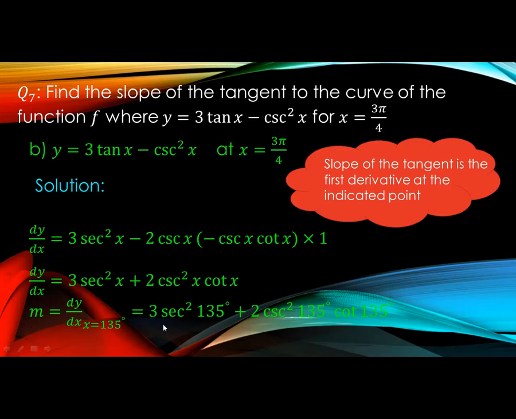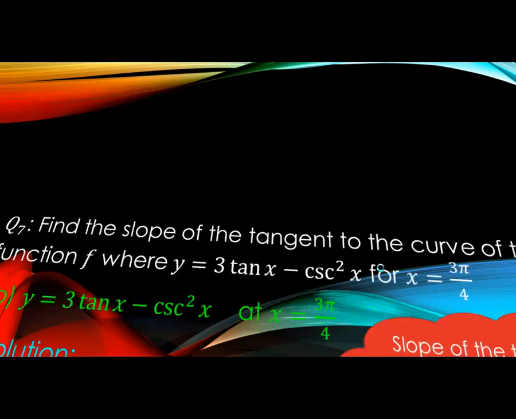And it is equal to 3 sec square 135 plus 2 cosec square 135 cotan 135. And by using the calculator, the answer becomes 2. So the slope of the tangent at x equals 3 pi over 4, its numerical value is 2.